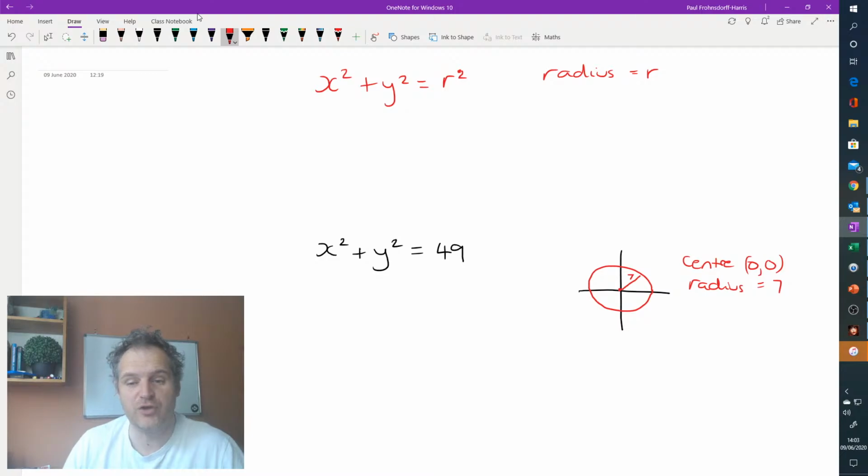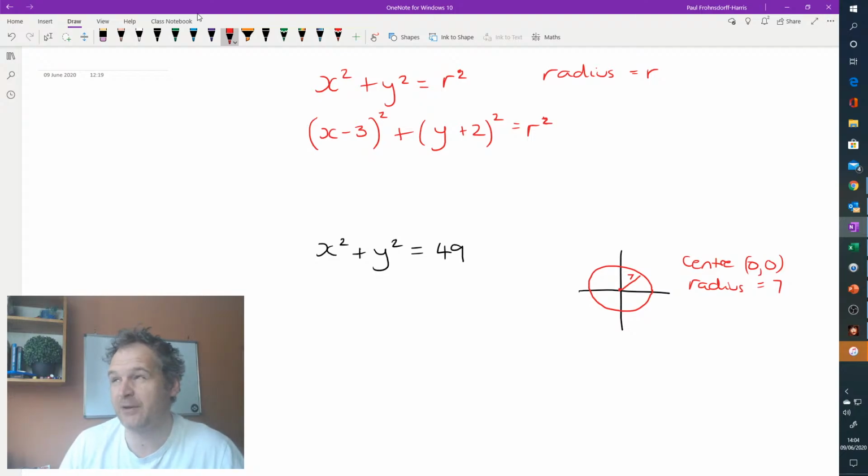However, we can even change where the centre is, and that would be done with x minus 3, for example, plus y plus 2. This links to the lesson on transforming equations. Because it's in the brackets, it goes the opposite way to what you'd expect, because it's happening to the input, not happening to the output.